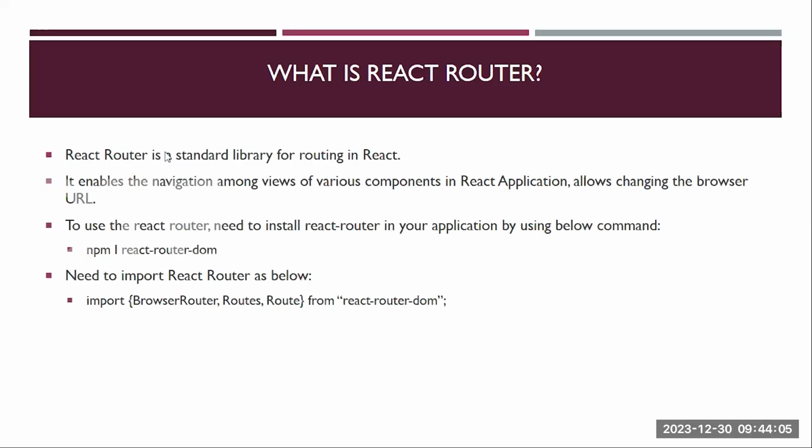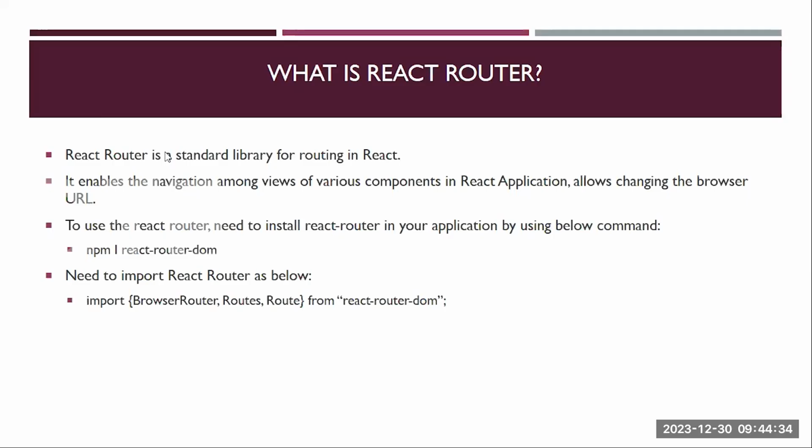There is nothing else, only components, and React is a single page application, but it works as different page layouts inside of components. So whenever you want to redirect from one component to another component to show on the page, we need to use routers. The React router is a standard library for routing in React.